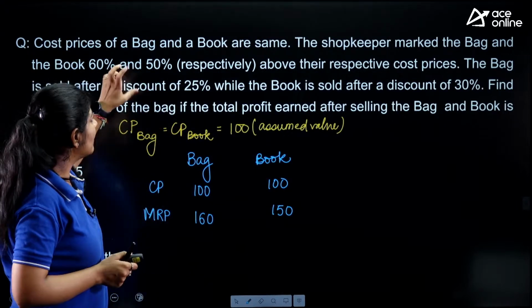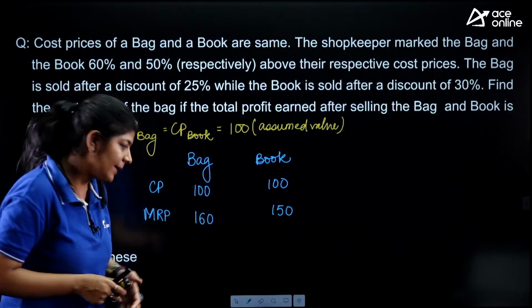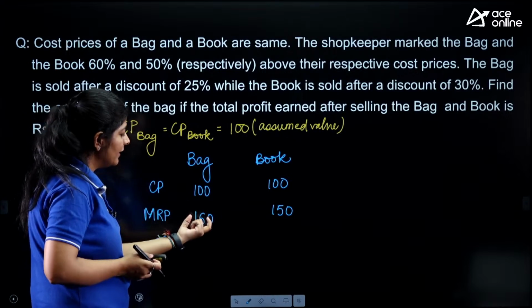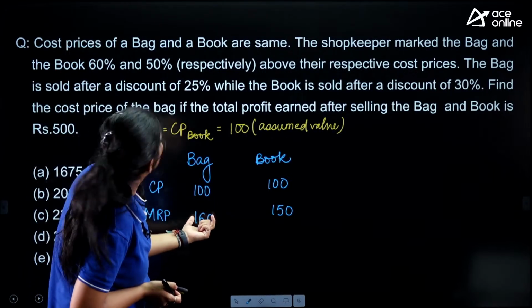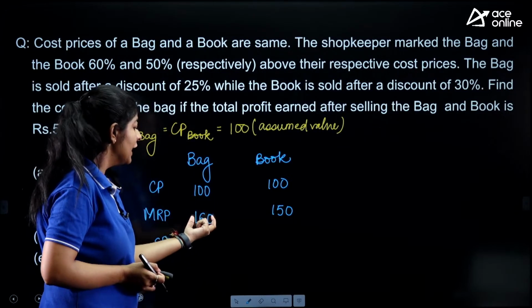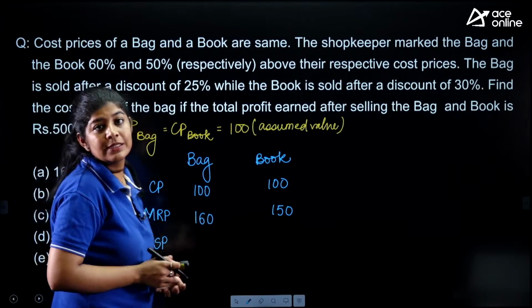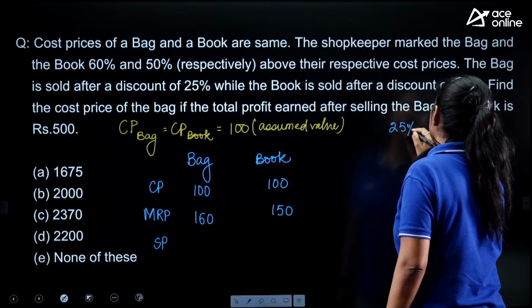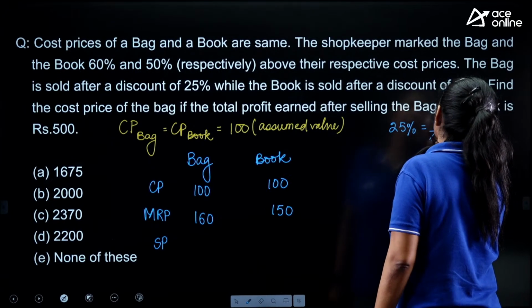Now we know that discount is always given on the MRP. That means if we want to find out the SP, here he is offering 25% on 160. Now we know that 25% can be written as 1 by 4.